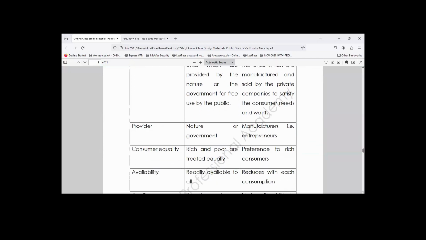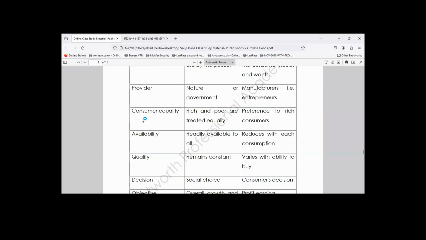In terms of consumer equality, in public good, rich and poor are treated equally. But in private good, a company producing cars will give preference to somebody that wants to buy a 200 million car, like a Lamborghini, over somebody that just wants to buy a 5 million car.